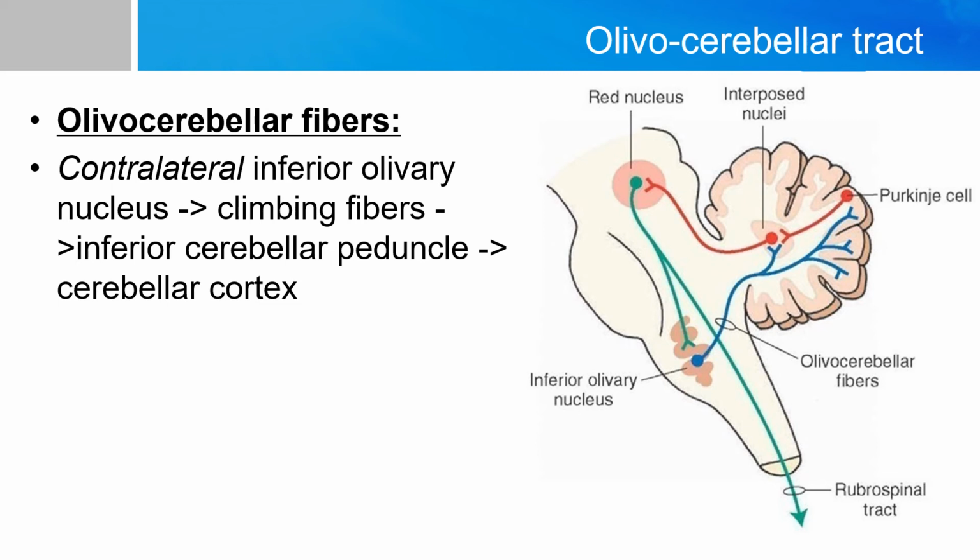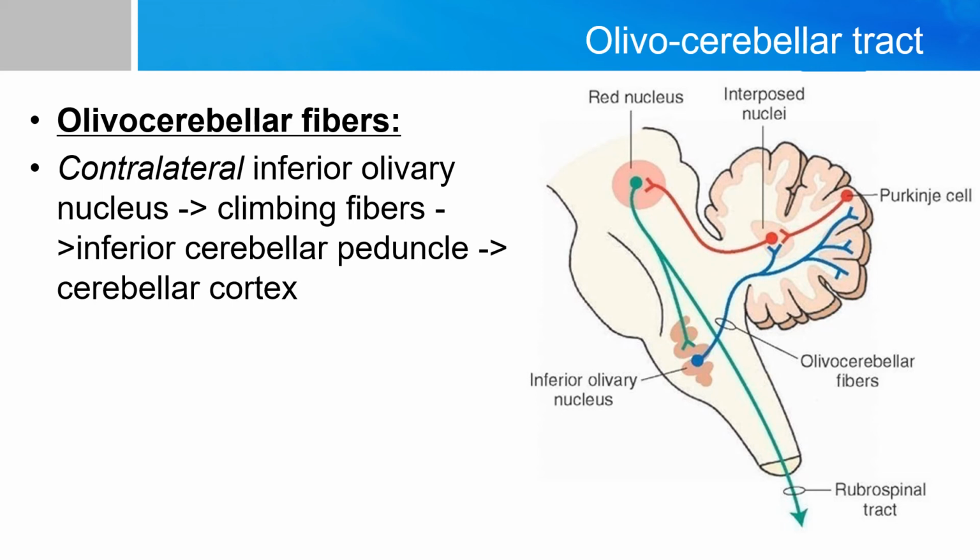And this tract eventually reaches the spinal cerebellum. And this tract also gives collaterals to the cerebellar nuclei, particularly the interposed nuclei, which eventually will also contribute to the rubrospinal tracts and controlling the posture of the body.